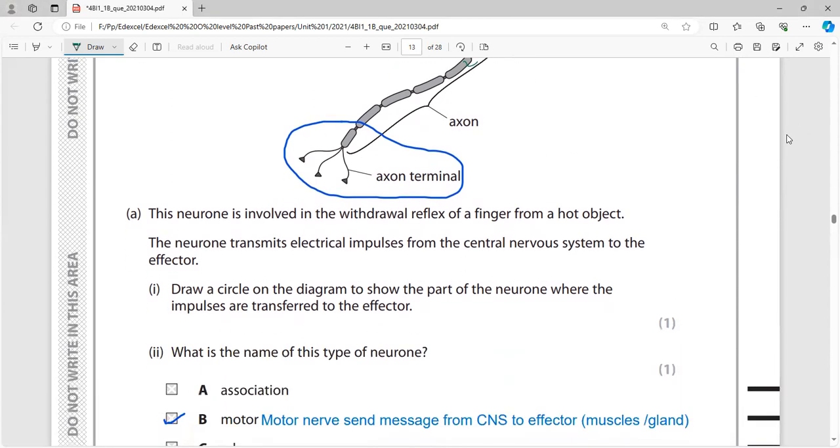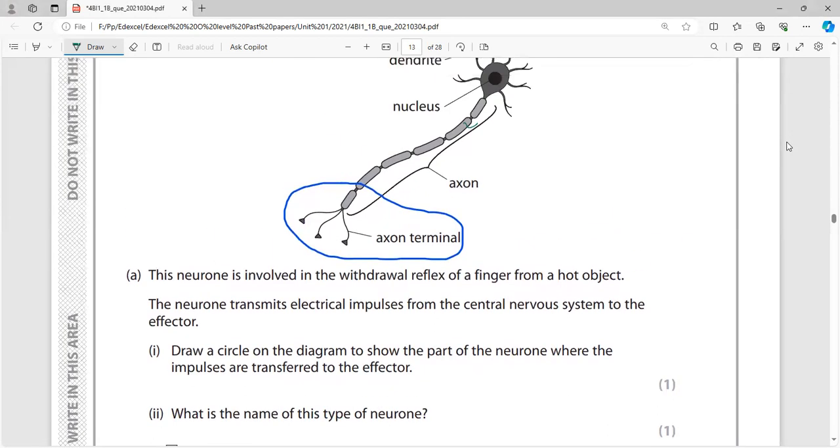Now, first question: this neuron is involved in the withdrawal reflex of a finger from a hot object. The neuron transmits electrical impulses from the central nervous system to the effector. That function is given for this neuron. Draw a circle on the diagram to show the part of the neuron where impulses are transmitted to the effector.